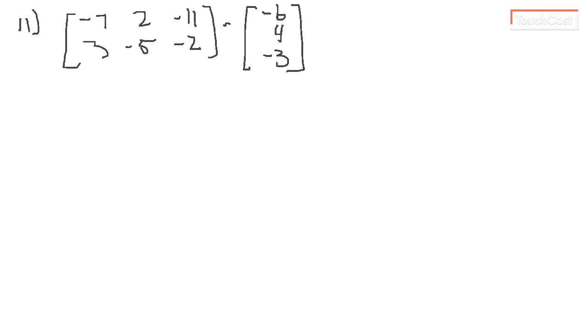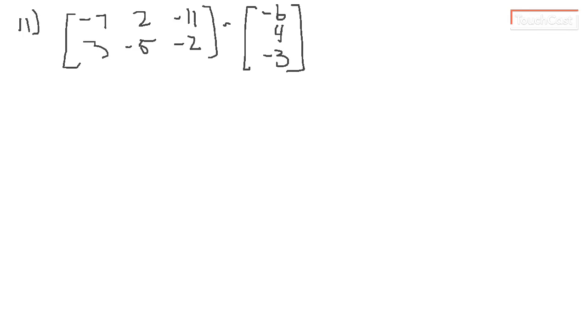So before, we just looked at multiplying two square matrices. In this example, we don't have that. So we have a 2 by 3 matrix and a 3 by 1 matrix. We do know we can still multiply it since the number of columns in the first matrix is equal to the number of rows in the second.